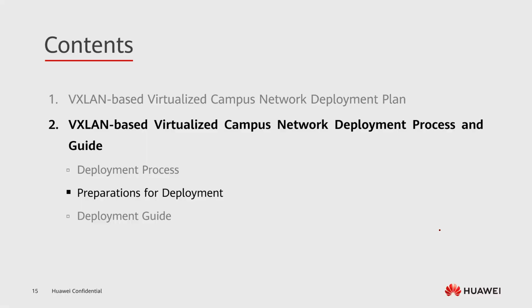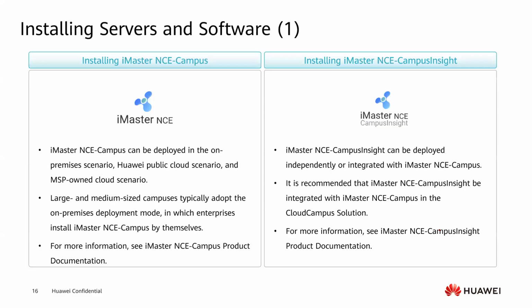And then it's about the preparation for the deployment. First, you need to install the server and the software we just mentioned for the controller or for the campus insight.